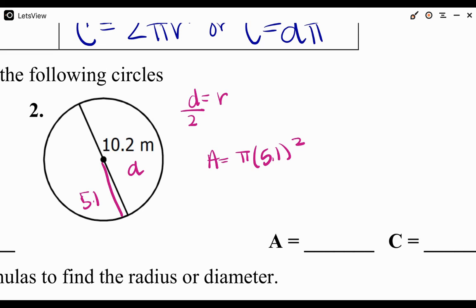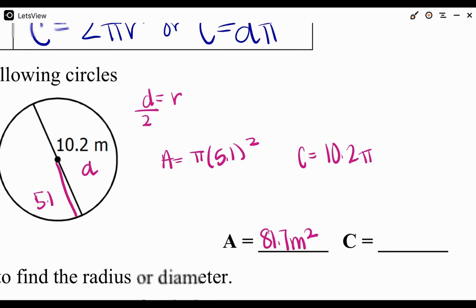If you plug that in, we get 81.7 meters squared. For your circumference, we can use either the full diameter formula or the radius formula. So using the full diameter formula, we just do 10.2 pi. If you multiply that out, we get 32 pi if you round it.